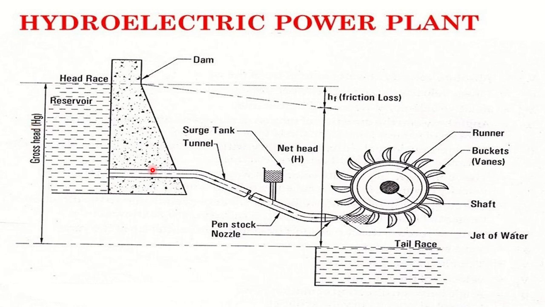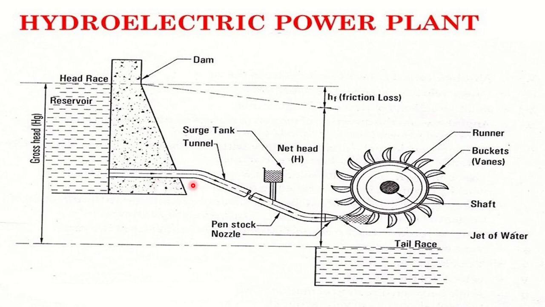Okay, next we have another head called net head, which is the important one. As I've told you, when the water is at rest, whatever height of water you're measuring, you call it gross head. But there might be some losses when the water is released into the penstocks, due to friction between the water and the walls of the penstock.